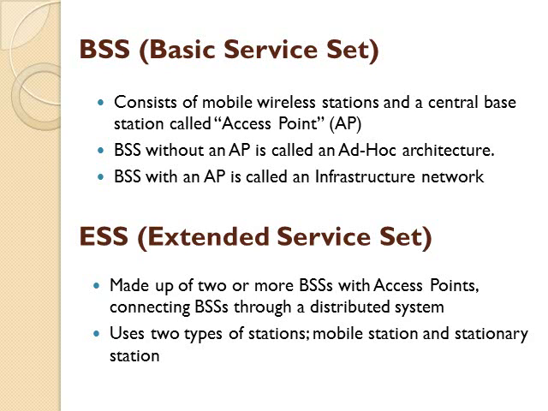And the next architecture is the extended service set. This is made up of 2 or more BSSs, basic service sets, with access points, and these several basic service sets are connected through a distributed system. So ESSs use 2 types of stations, mobile station and stationary station.